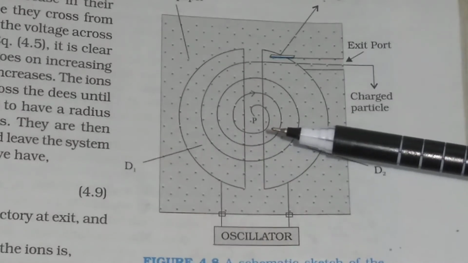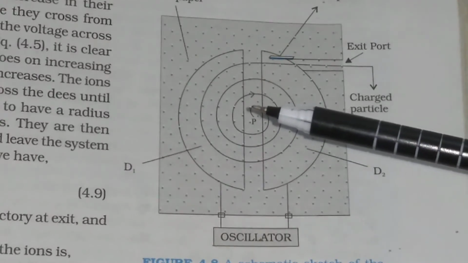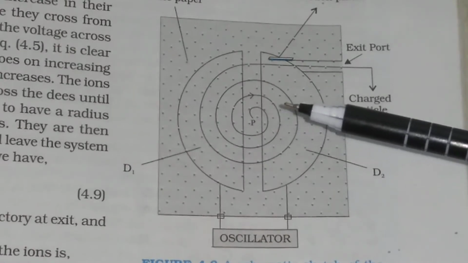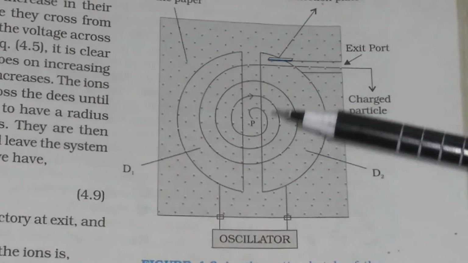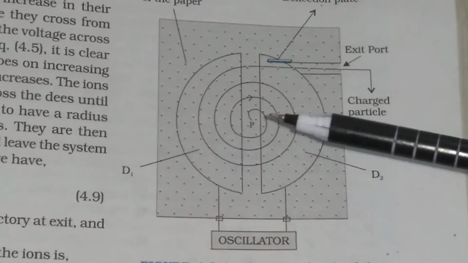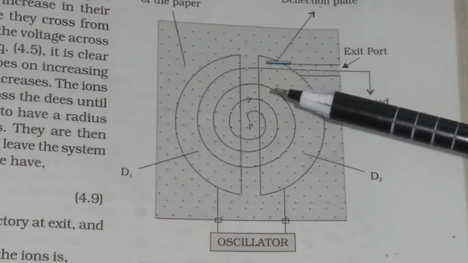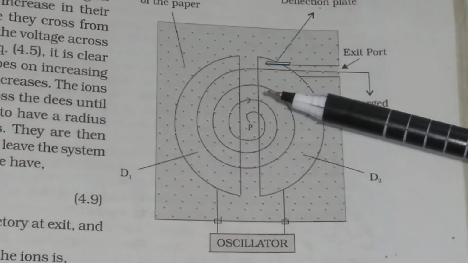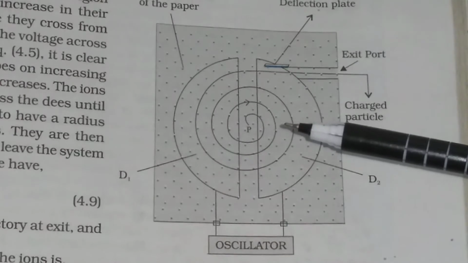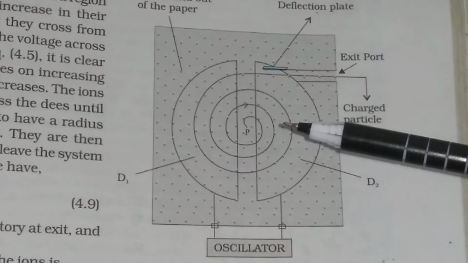The direction of the magnetic field is always perpendicular to the motion of the charged particle when the charged particle enters the D. The arrangement of the magnetic field is such that its direction is perpendicular to the motion of the charged particle, and the charged particle inside the D produces circular and helical motion.